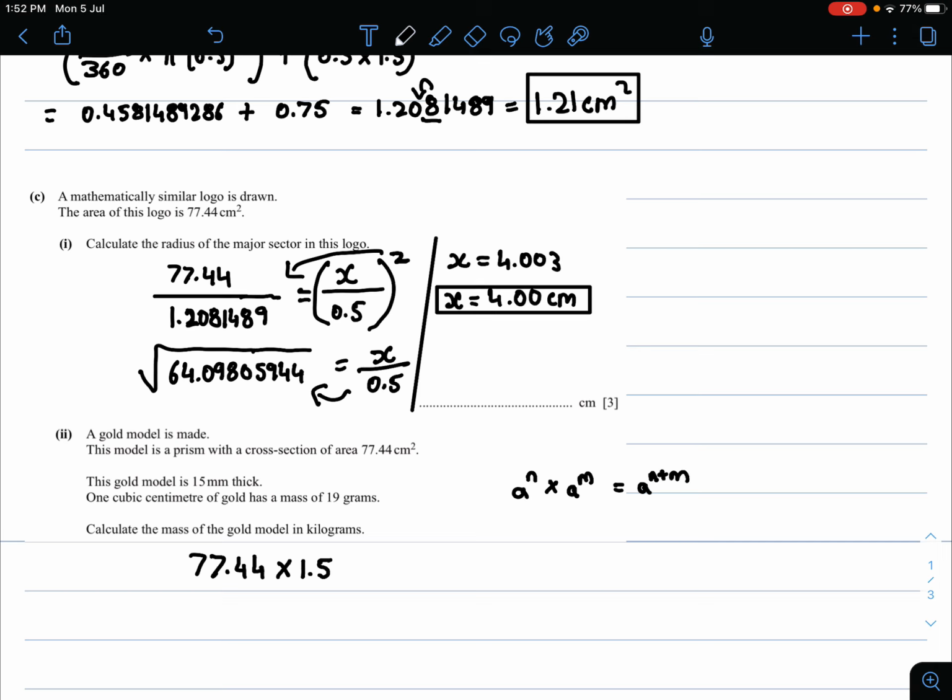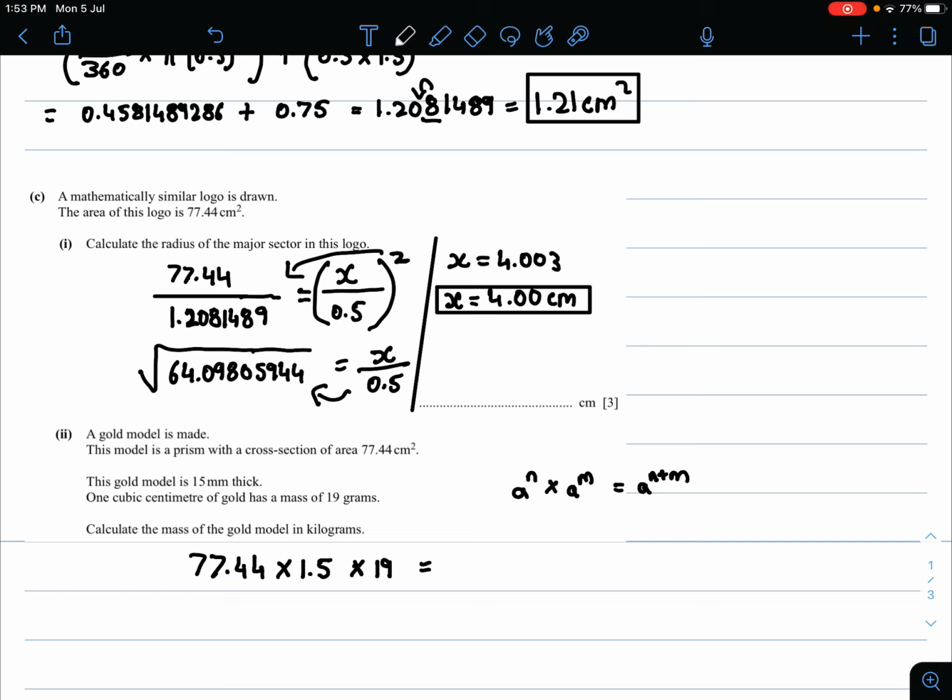So it would become centimeter cubed, which is cubic centimeter, and they say that 1 cubic centimeter is 19 grams. So therefore we have to multiply this with 19 so that we come to know how much the mass of gold would be in grams.